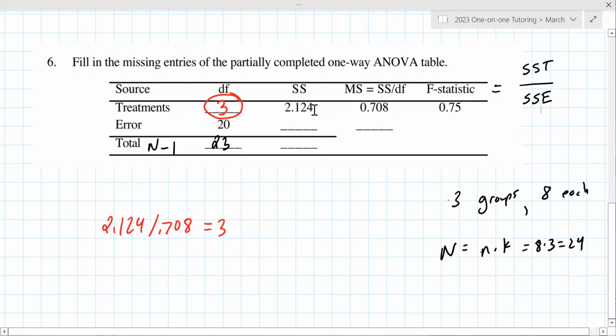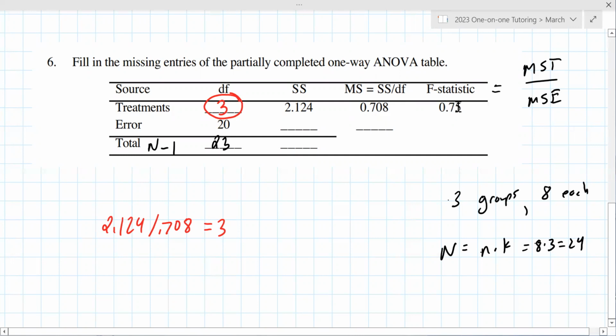Or I'm sorry, it's MST over MSE. So the mean square of the treatment is the top number, and MSE is the unknown number.